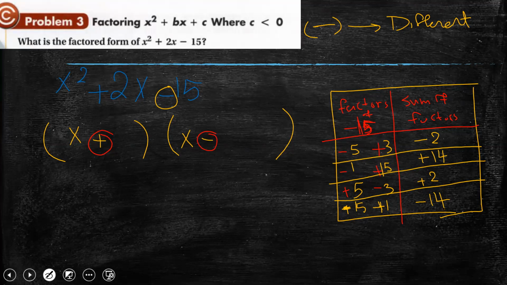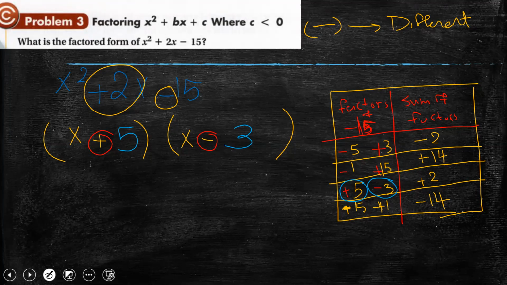Now, which of these factors have a summation of positive 2? It is positive 5 and negative 3. The positive, I will write it here, and the negative, I will write it here. By now, we factorize my expression.